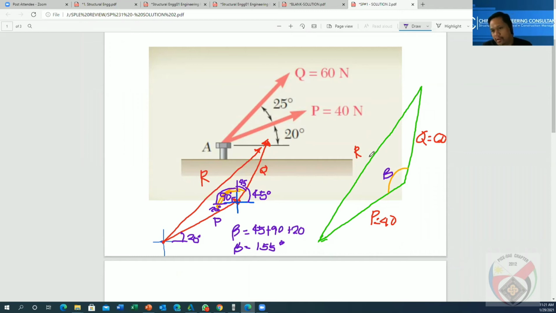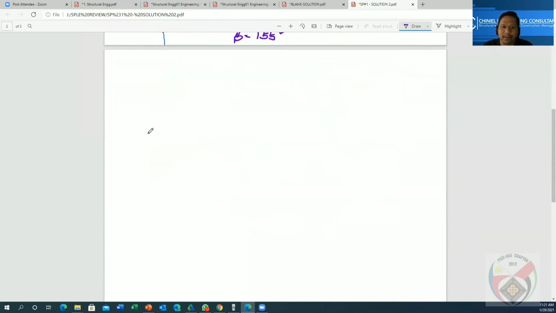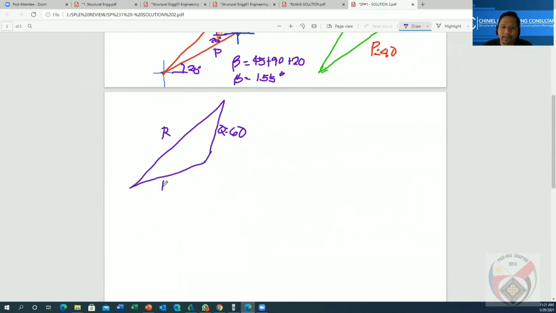So again, if we're going to solve for the resultants, we will use the cosine law. So ganyan siya, di ba? This is R. This is Q equals 60. This is P equals 40.